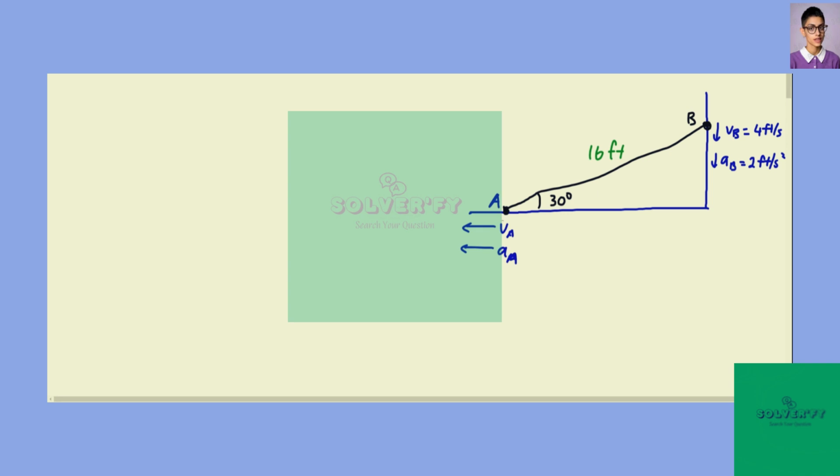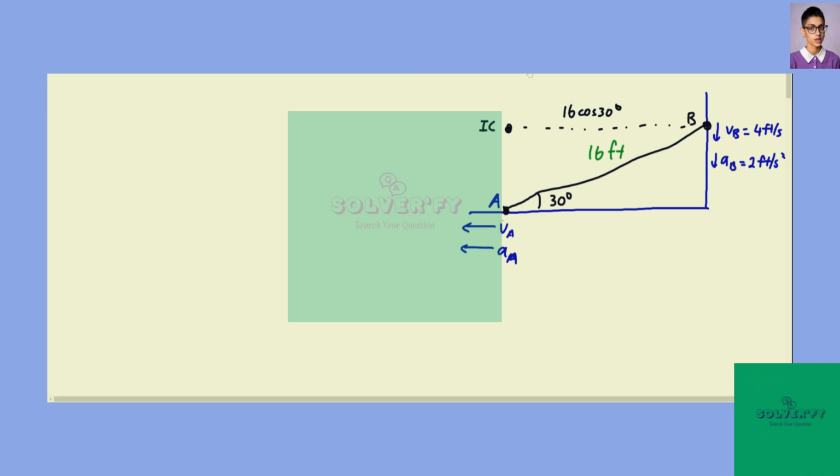We can determine the instantaneous center of zero velocity, which will be somewhere here. This is the IC. We want this distance, which is 16 cosine 30 degrees. We can use this distance to determine omega AB.